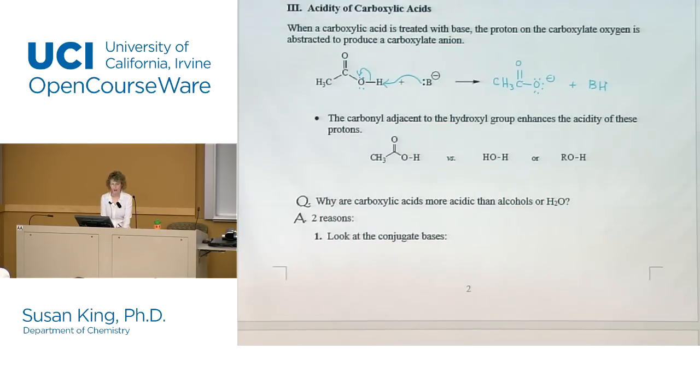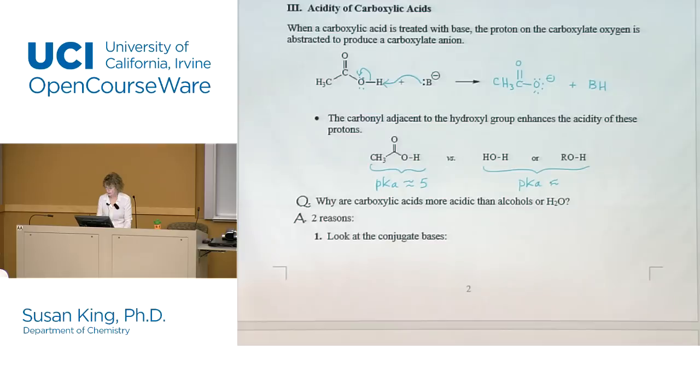And it turns out that the carbonyl greatly enhances the acidity of carboxylic acids. So if we compare here, we have pKa about 5. It's actually 4.8, but pKa about 5. And for water and alcohols, these would be pKa of about 15.